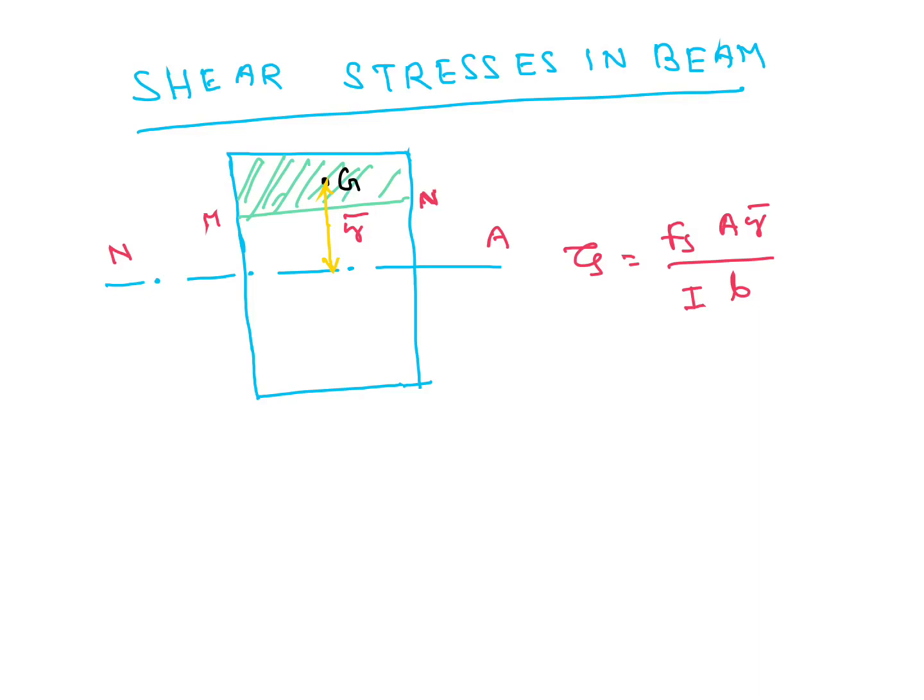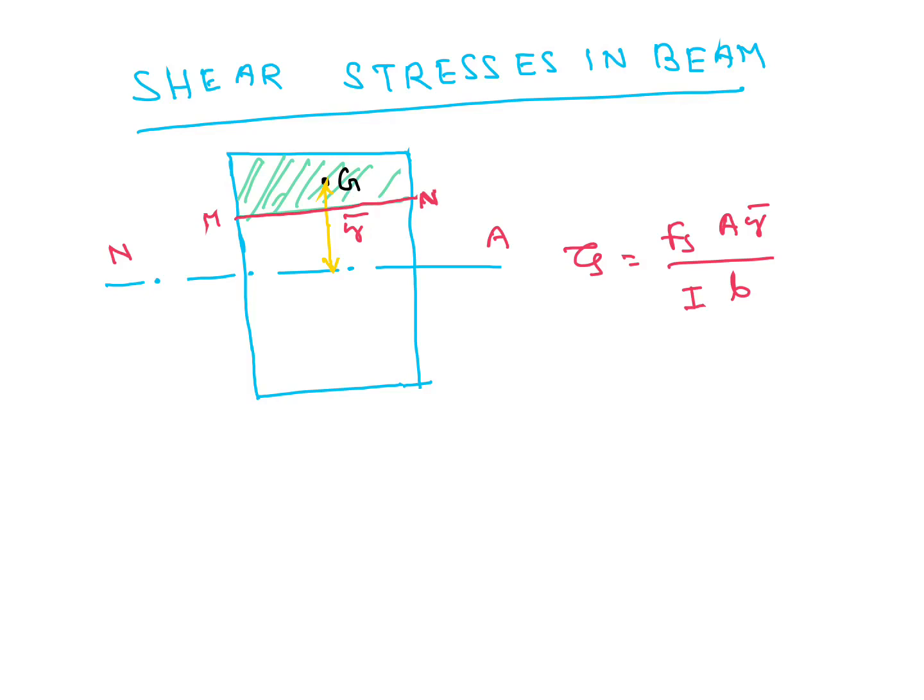Here Fs is the shear force, A is the area of cross section above Mn. Above this Mn line, this is area of cross section.